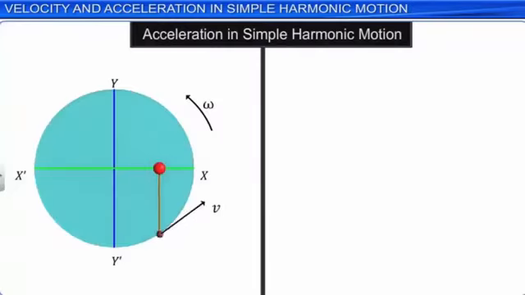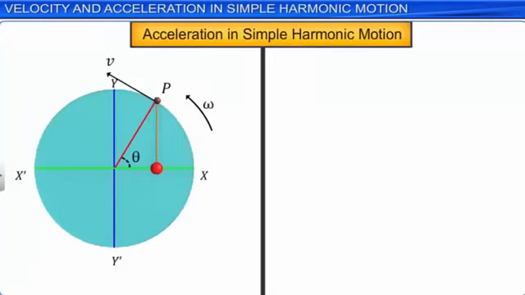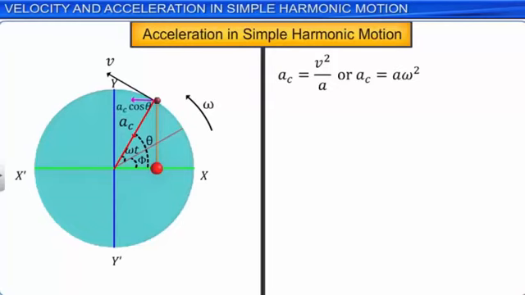Now, let us discuss acceleration in simple harmonic motion. Acceleration of the revolving particle will be the centripetal acceleration a_c, denoted by v square by a, or a omega square. This centripetal acceleration has two components: a_c cos theta along the x-axis and a_c sin theta along the y-axis.